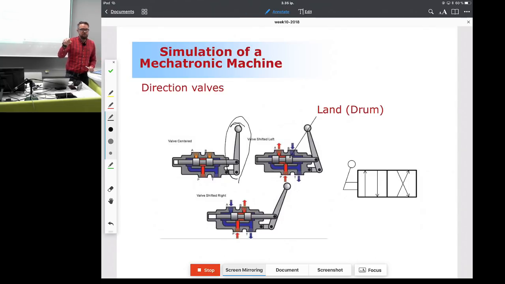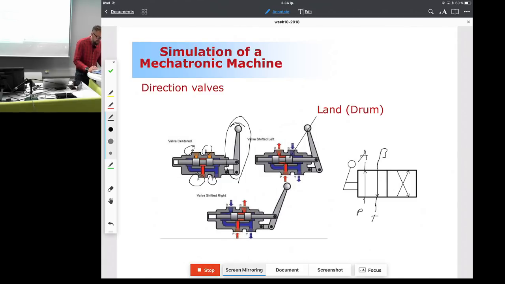What will happen when you move this back and forth is that the spool position will go to a different location. Now I have here a simple direction valve that is connecting 4 ports, which are pressure, tank, A, and B. So let me write it here. This is pressure, tank, A, and B.